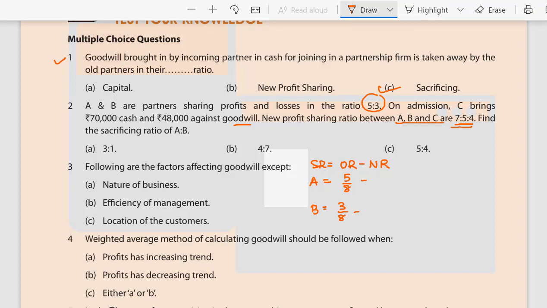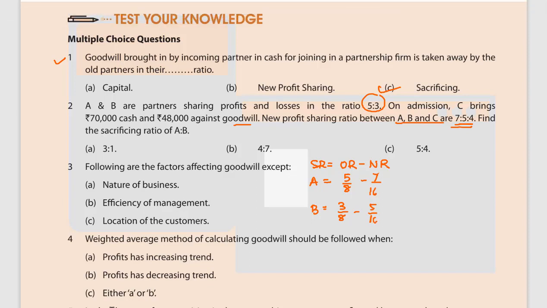New ratio in case of A is 7 by 16 and for B it is 5 by 16. If you solve this, multiplied by 2 so the denominator is equal, 10 minus 7 is 3 by 16 and 6 minus 5 is 1 by 16. The answer is A, 3 is to 1.